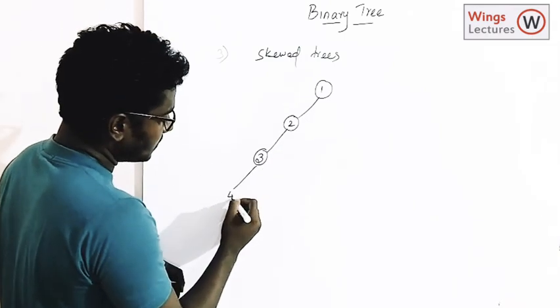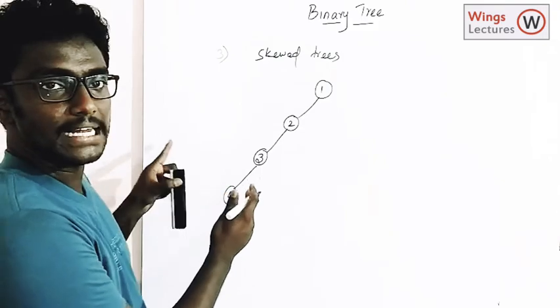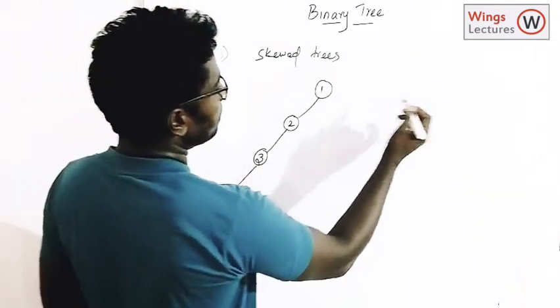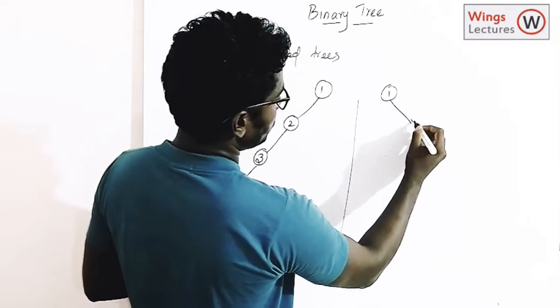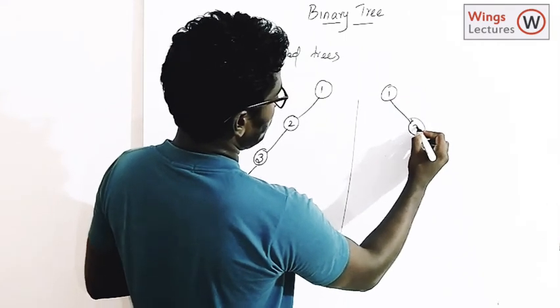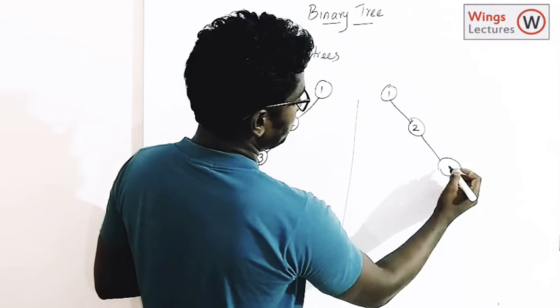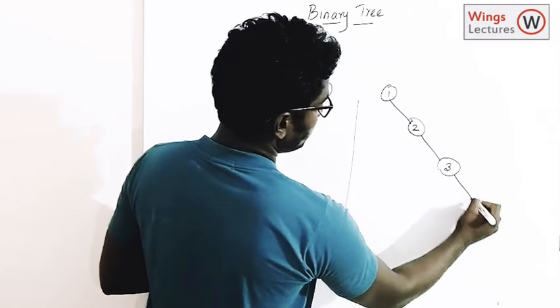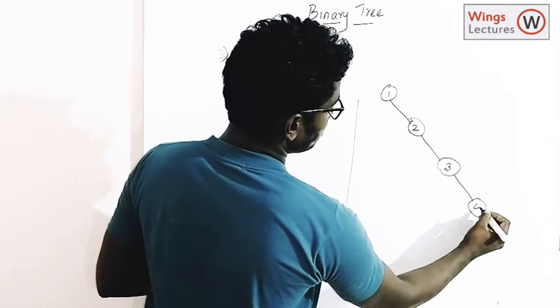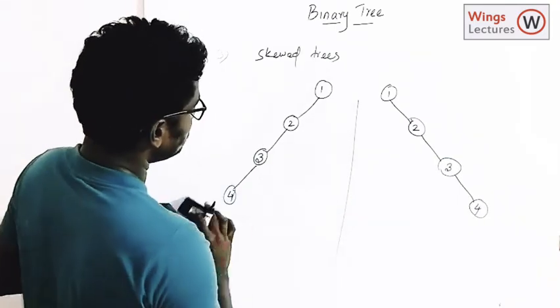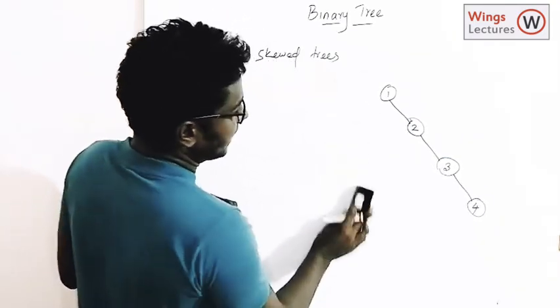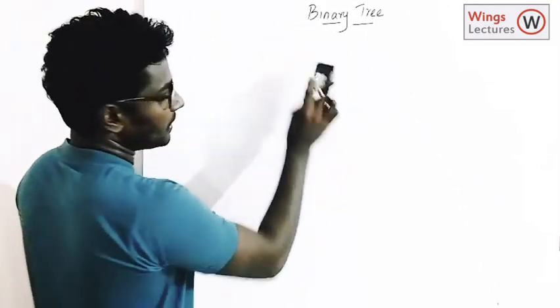If it goes like this, it's called a left skewed tree. Then what about right skewed? Just the contrast of this one. The insertion is on the right subtree, so it's called a right skewed tree.